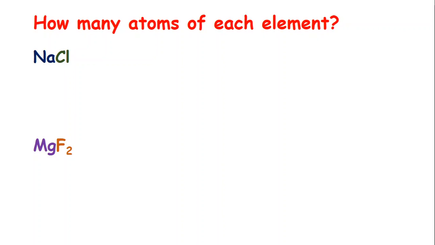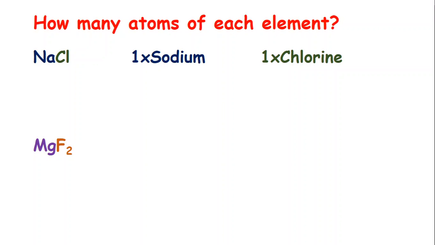Going to look at two more examples, but first we're going to look at how many atoms of each element we have in these compounds. For sodium chloride, NaCl, there are no numbers noted down at all, and if there are no numbers that means we have one atom of sodium and one atom of chlorine.